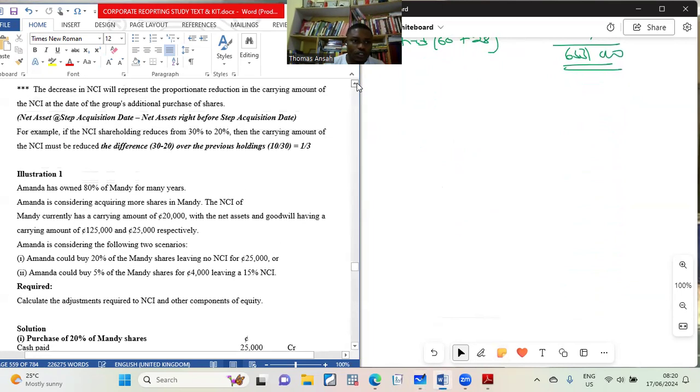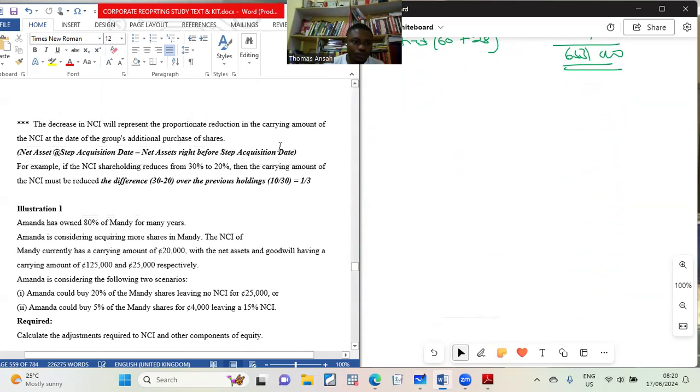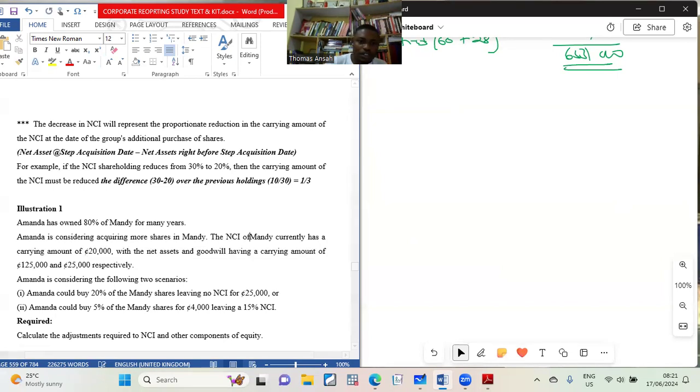So we have this example here. As we understood it, Amanda owns 80% of Mandy for many years. Amanda is considering acquiring more shares in Mandy. The NCI of Mandy, as we see here, currently has a carrying amount of 20, with the net asset and goodwill having a carrying amount of these ones respectively.